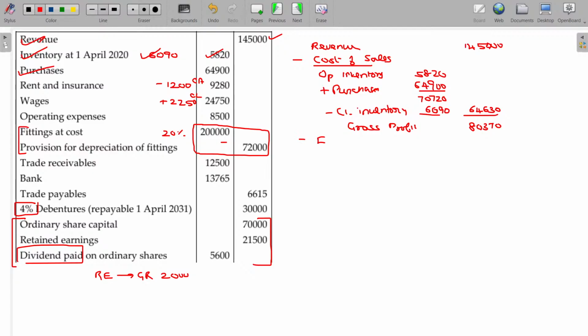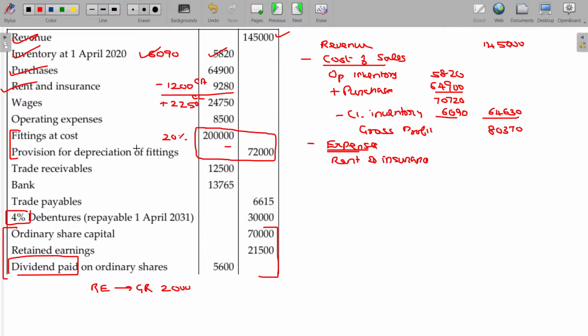Less expenses. Rent and insurance 9,280, from there 1,200 is subtracted. 80 will be the answer.